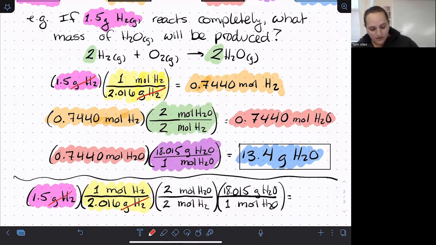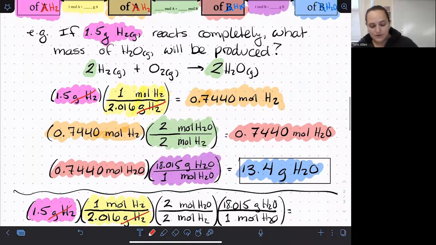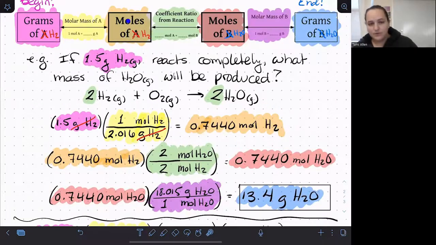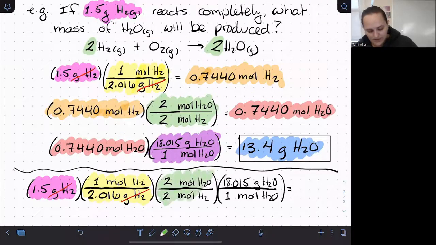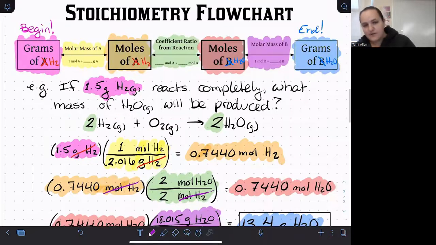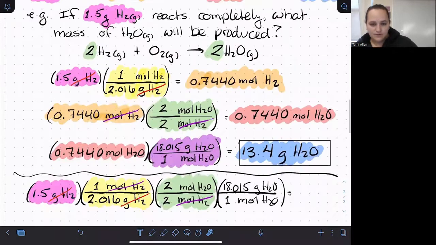Next step in our process was to convert from moles of substance A to moles of substance B using our coefficient ratio, which was the next thing we've got right here. We can see that moles of H2 cancels moles of H2, just like it did up here. And then last but not least, we needed to take that resulting number of moles, use the molar mass of our second substance, water in this case, to convert to grams.